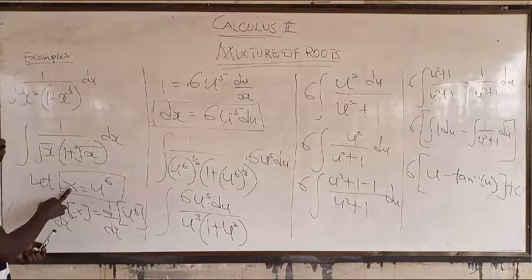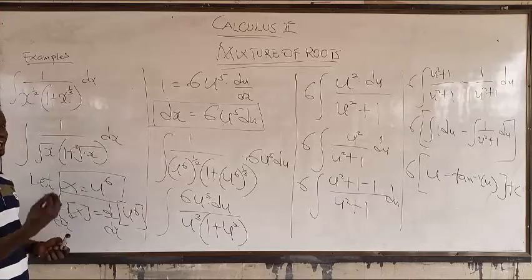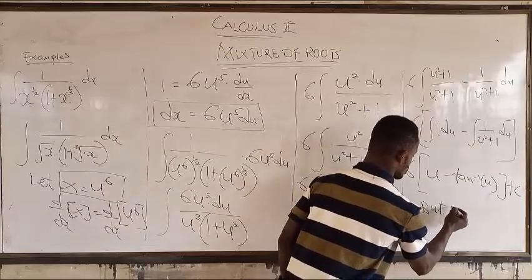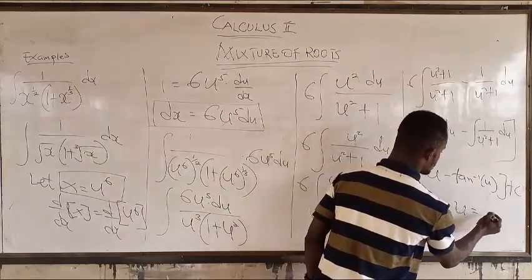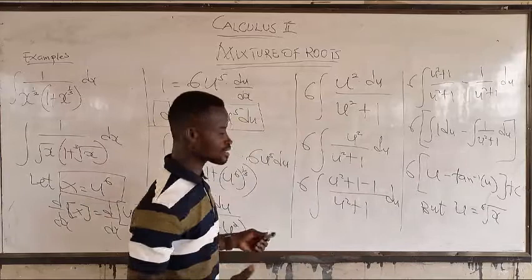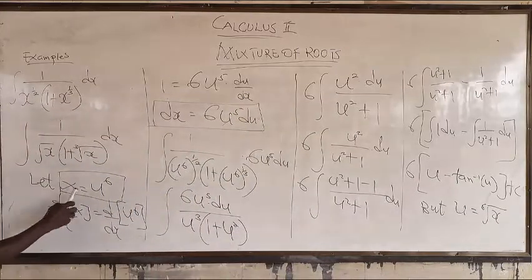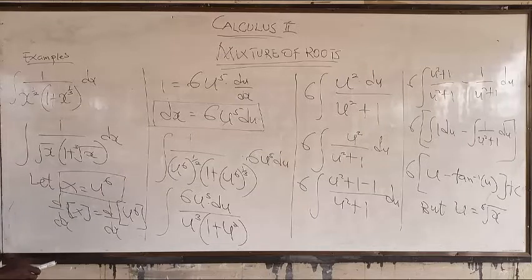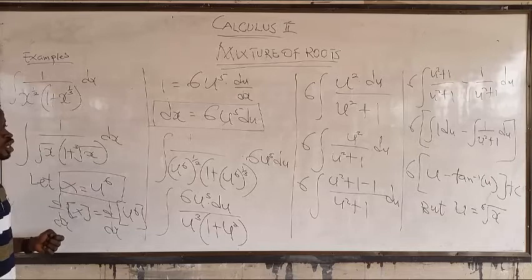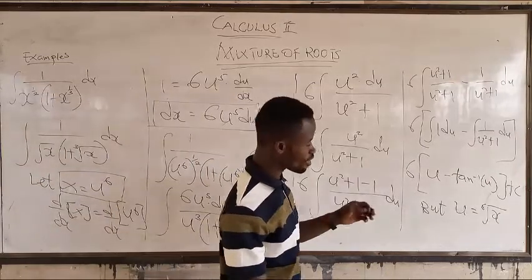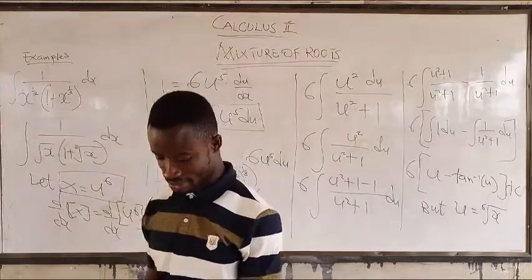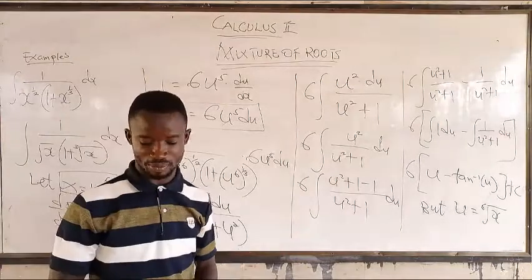Alright, so if x equals u raised to the power 6, then u will be back. U is equal to, how can we do that? Because we take the 6th root of both sides. So the 6th root of both sides, we're going to get u, because the 6th root of x. So wherever you see u, replace that by that. And you're going to end up getting something beautiful.